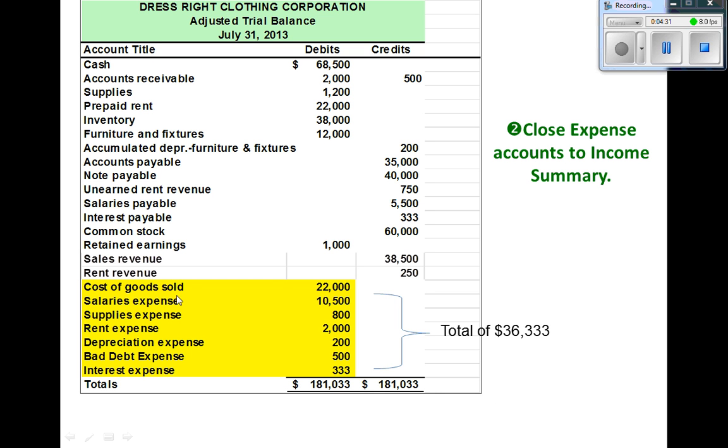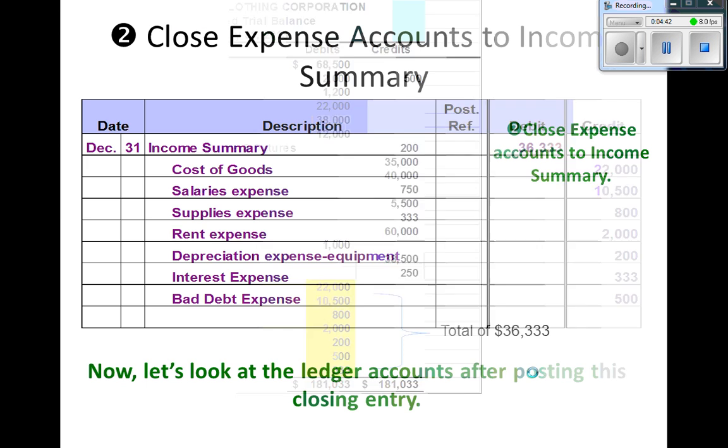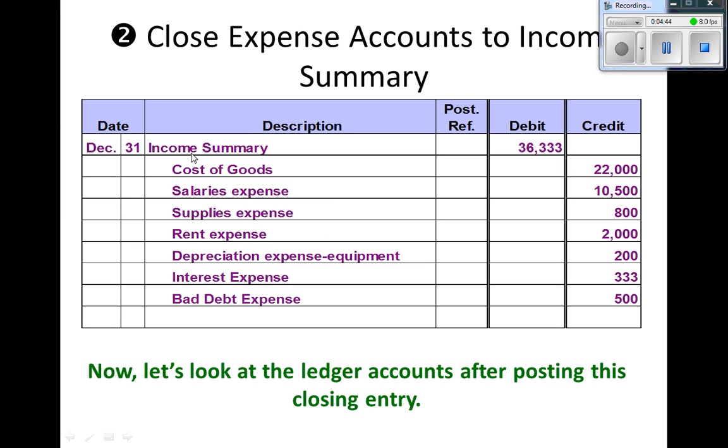Next, we're going to close out our expense accounts. The total of these accounts is $36,333. We're going to be crediting each of those temporary expense accounts for their balance amount, and the total of these credits will be our debit to income summary.